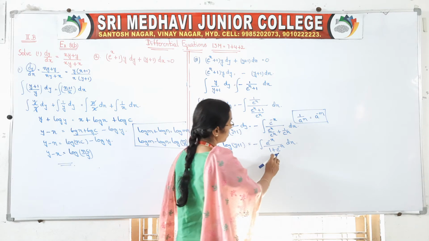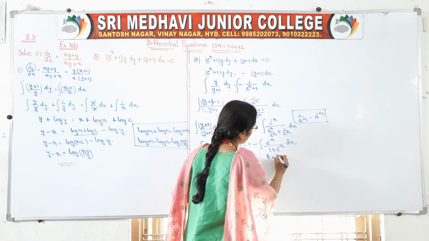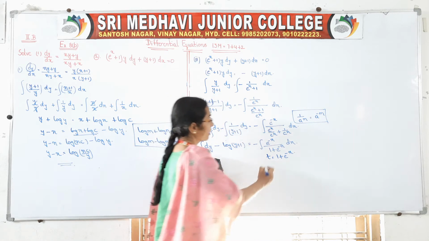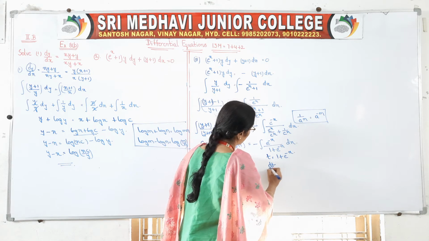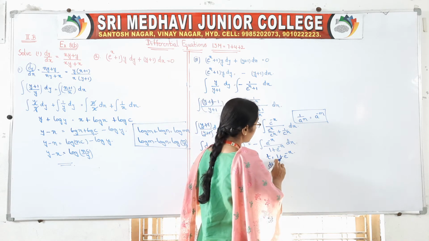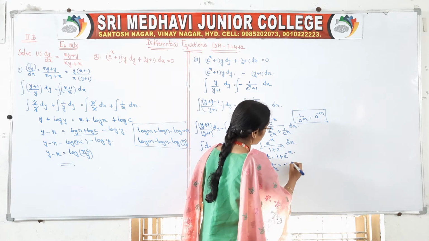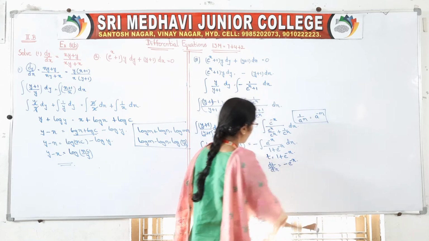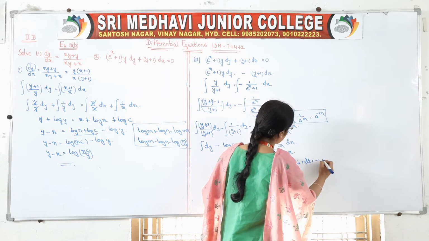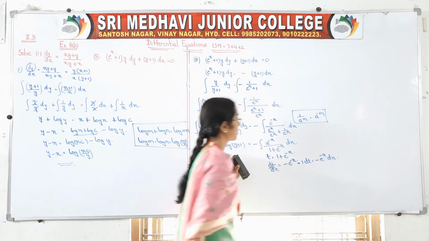Already we solved this problem in our integrals. You consider t is equal to 1 plus e to the power of minus x. Then differentiating with respect to x, dt by dx is equal to d by dx of 1 is 0, d by dx of e to the power of minus x is minus e to the power of minus x. So with this, what will be your dt? dt is equal to minus e to the power of minus x dx.